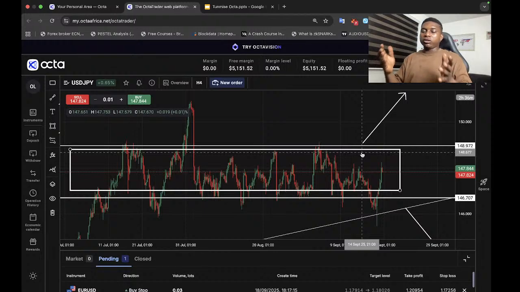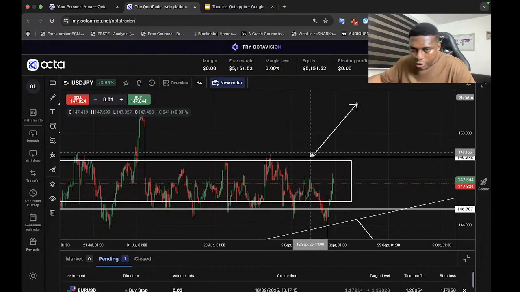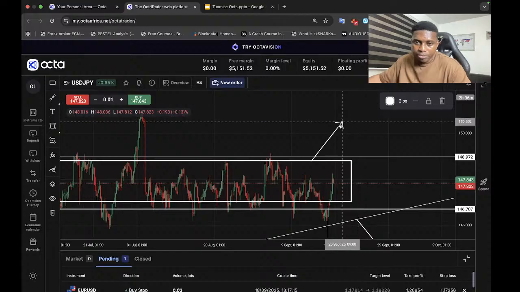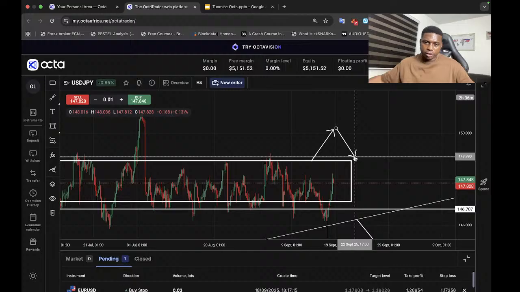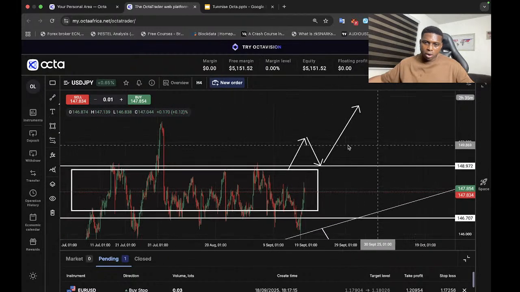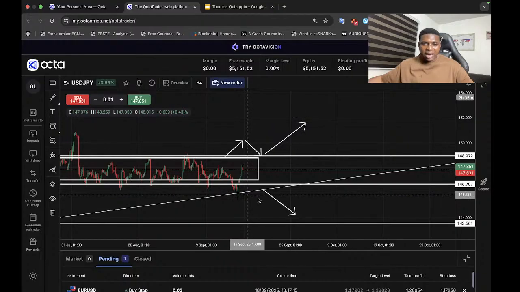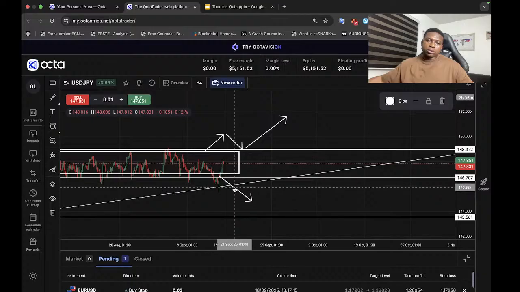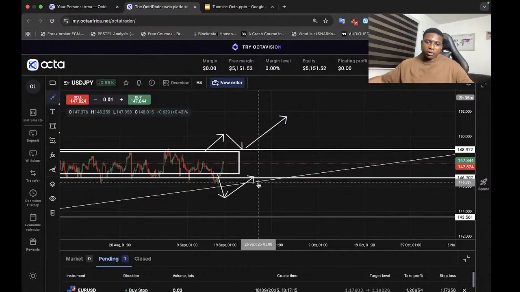Now, that brings us back to two things. You either wait for a breakout to the upside and a pullback, or the same applies here, we have a breakout to the downside, a pullback, and a continuous fall in price.